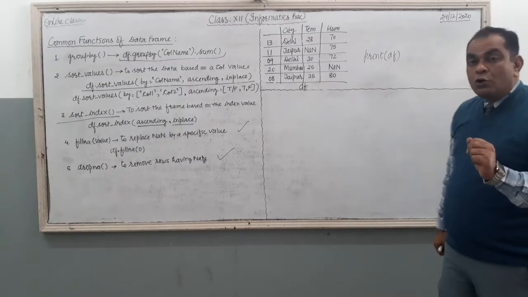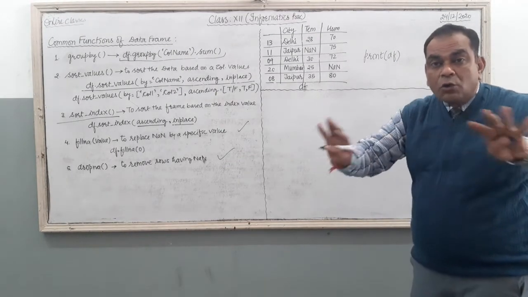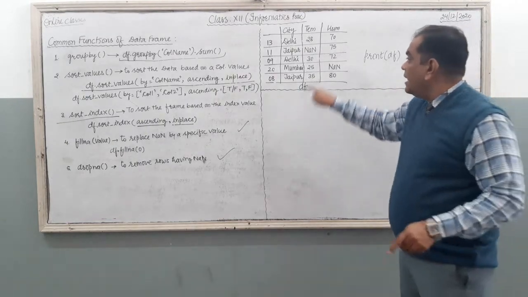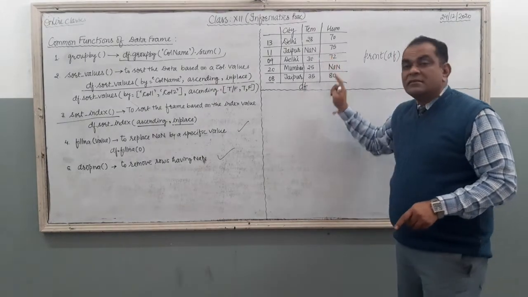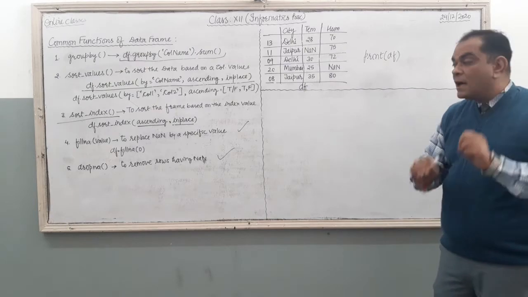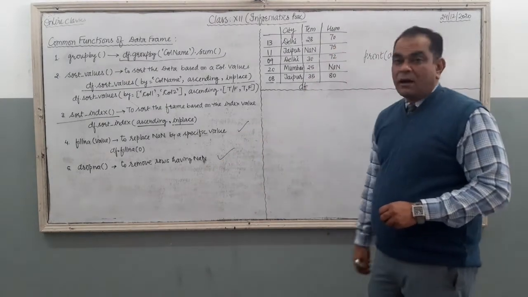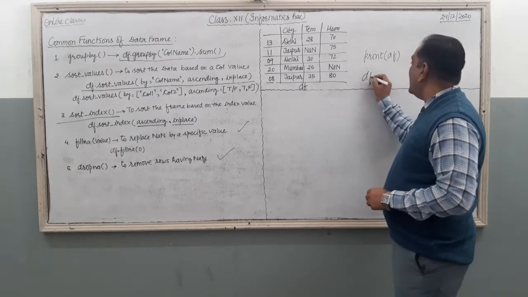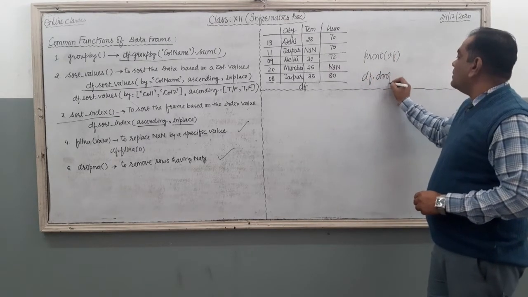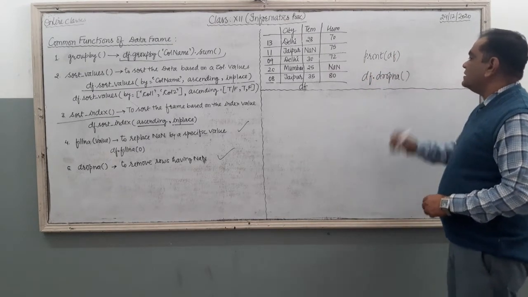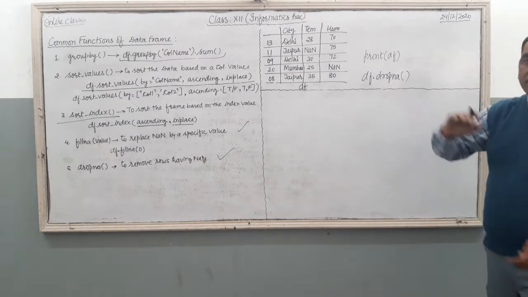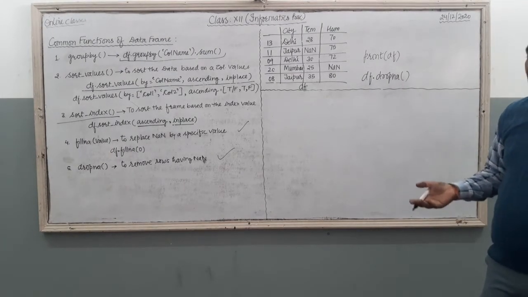Now, if you want to remove all the rows that contain NaN in this data frame, what command will you give? Look, dropna is your command. Now just see df.dropna() and use this command with the print function. What will happen now?